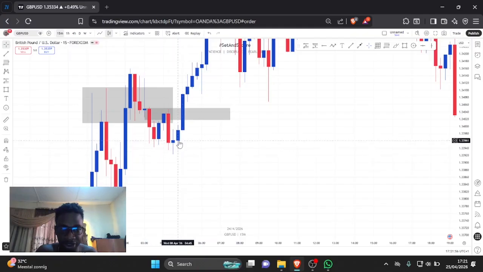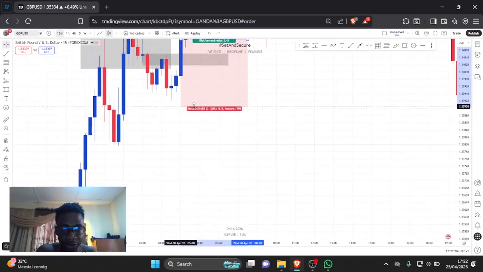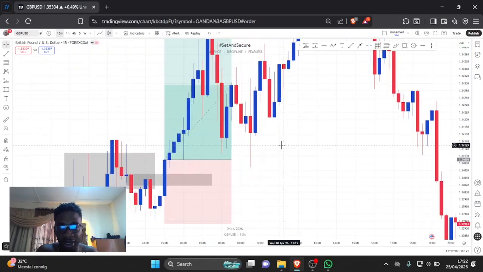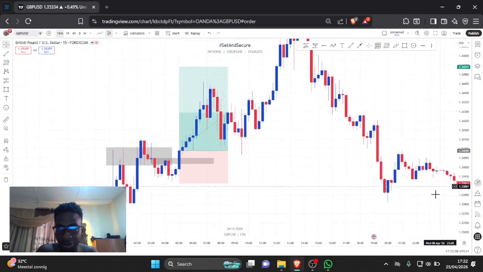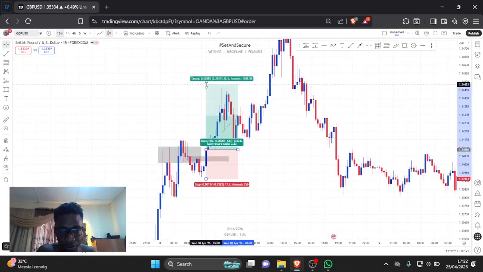For example, look at this, boom, aggressive break up. And what do you see? We enter on that immediate displacement, put our stop loss beneath there, and get our 2:1 already.